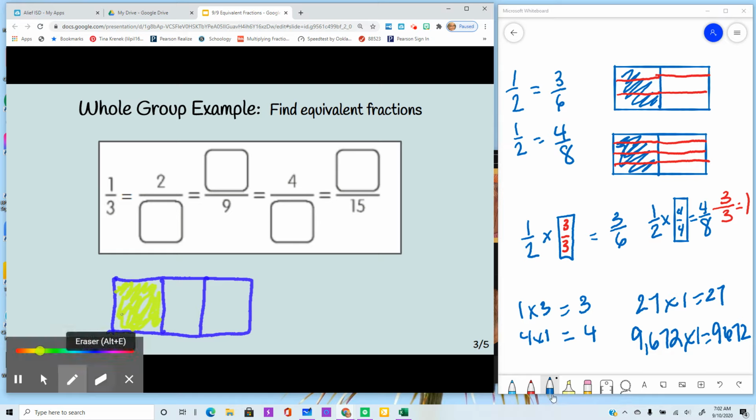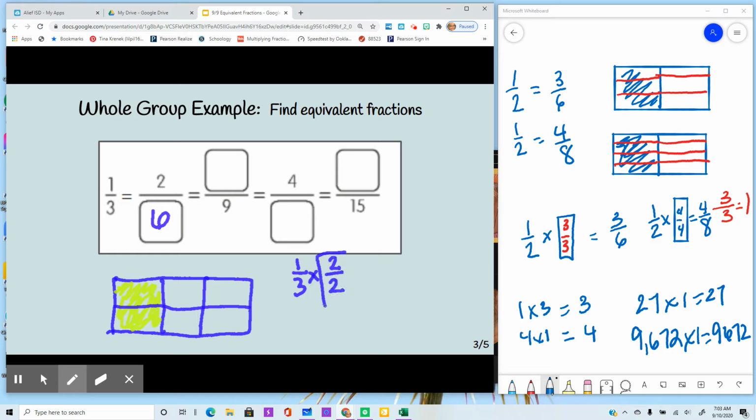So if I were to cut this 1/3 into half, how many pieces do I now have? I have 6 total, and 2 are shaded. So 1/3 times 2/2, and that's my 1, equals 2/6.